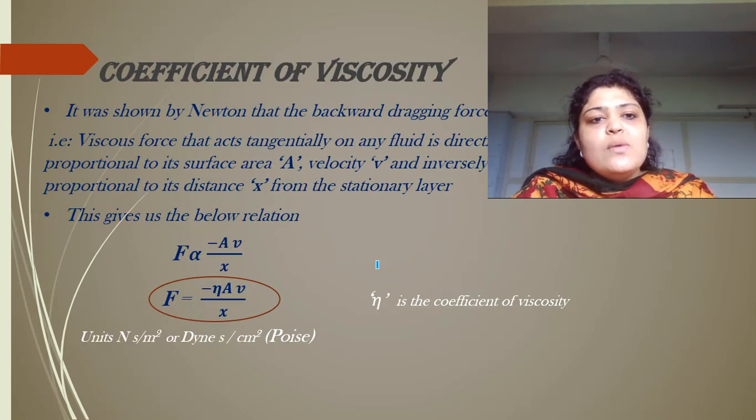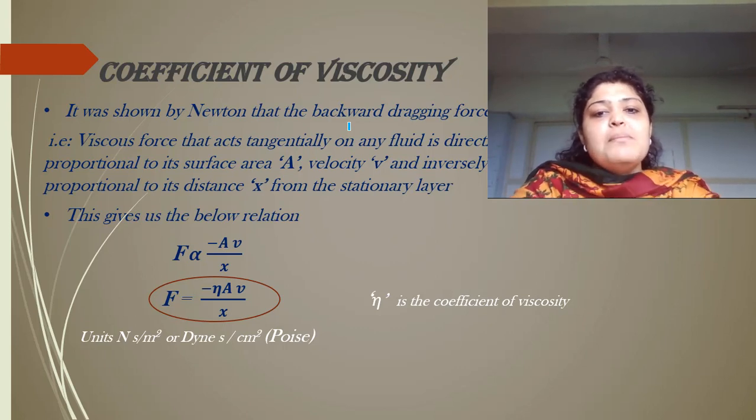Now let us see what the coefficient of viscosity is. It was shown by Newton that this backward dragging force, why do we call it a backward dragging force? Because suppose we consider any one layer, the layer beneath it will drag the upper layer in the opposite direction.